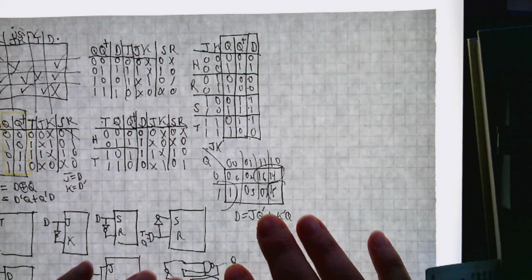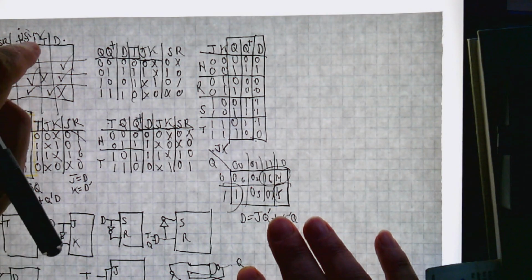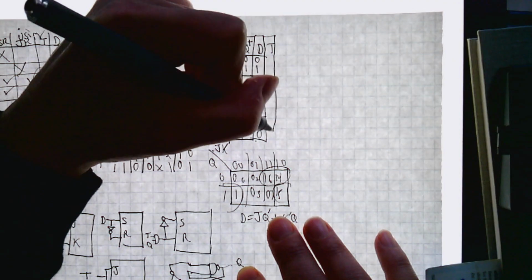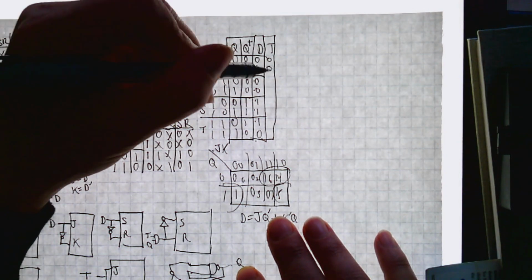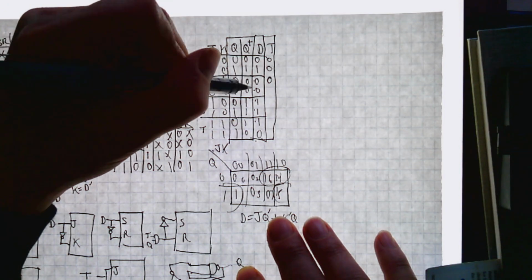Now if I want to, I could implement the JK flip-flop using a T flip-flop. Right? And so we just write in what T flip-flops need to do in order to transition.